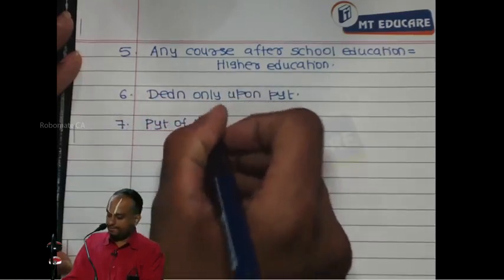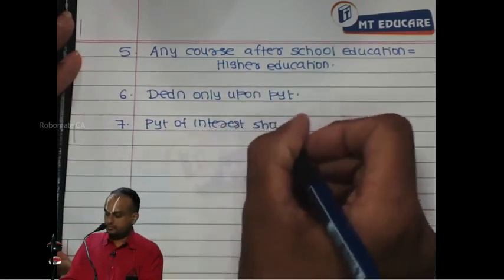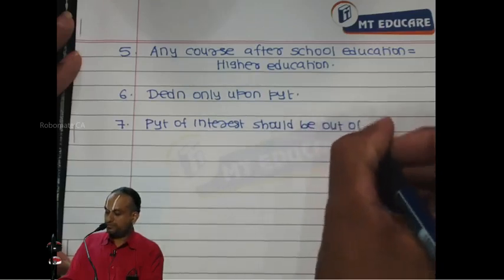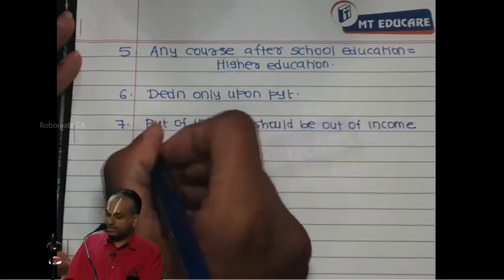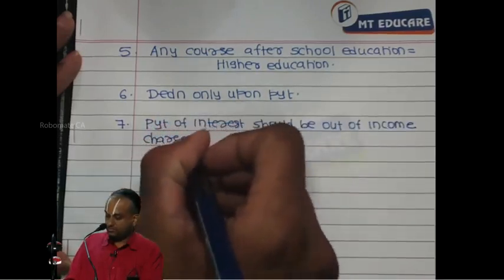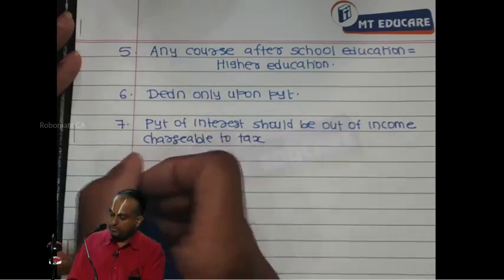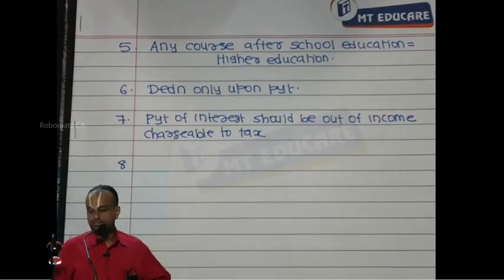Payment of interest should be out of income chargeable to tax. Payment of interest should be out of what? Income chargeable to tax.